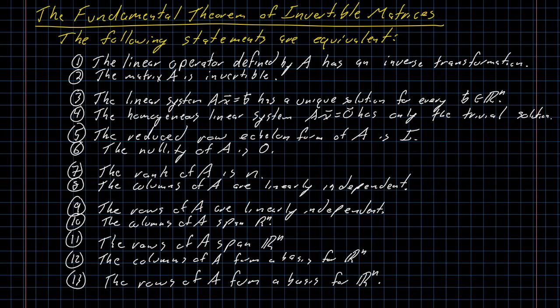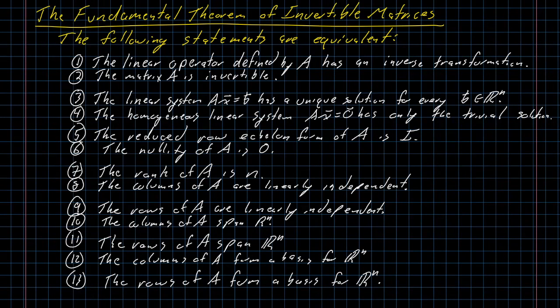The linear operator defined by A has an inverse transformation, is equivalent to the matrix A is invertible, is equivalent to the linear system AX equals B has a unique solution for every vector B, which is equivalent to saying that the homogeneous linear system AX equals 0 has only the trivial solution.